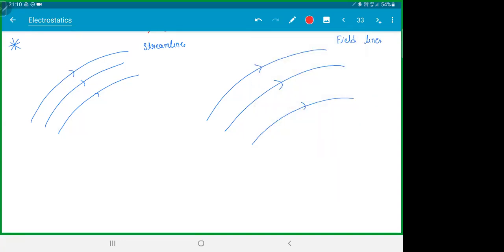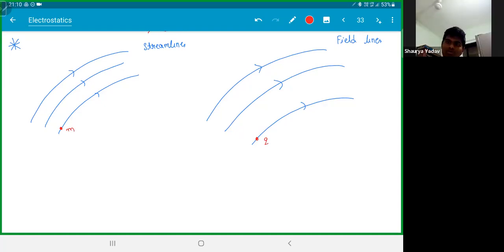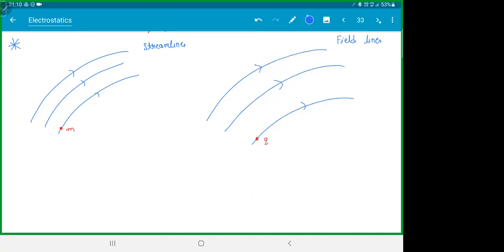If you put a particle here, and if you put a particle here, what will happen? Both follow the same path? No. What is the streamline's definition? A streamline is the path of the particles, right? This will follow the streamline because the definition is it's the path of the particle.